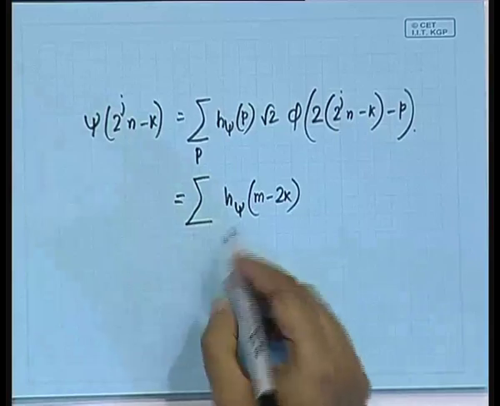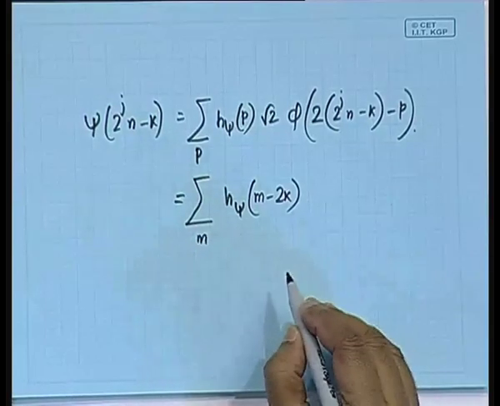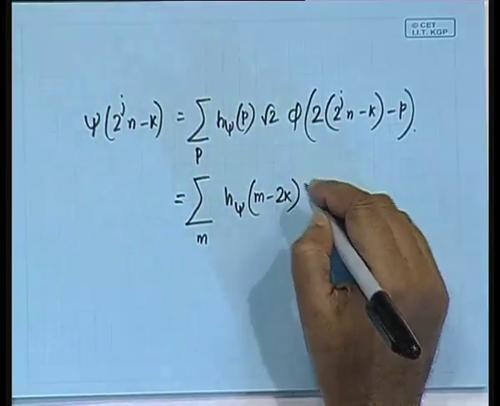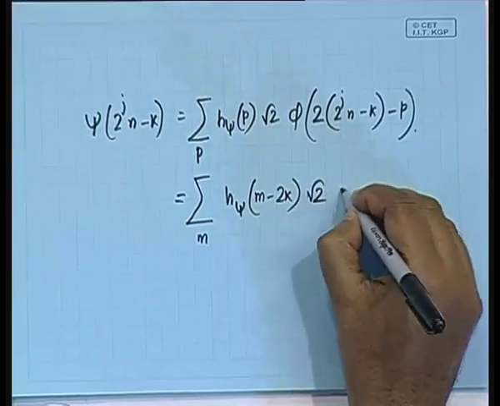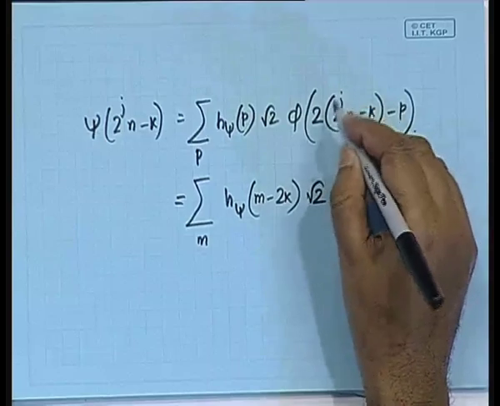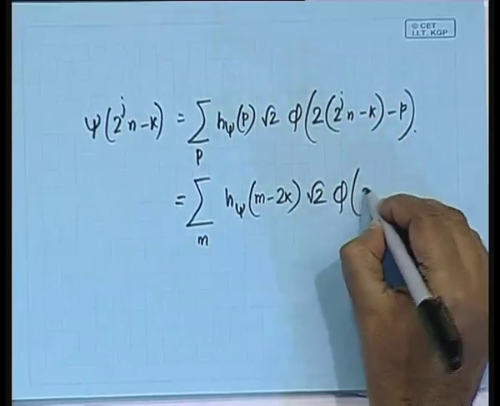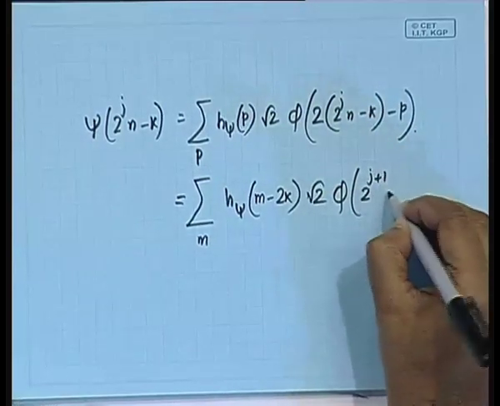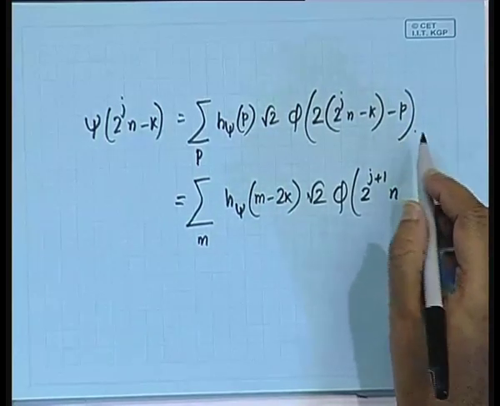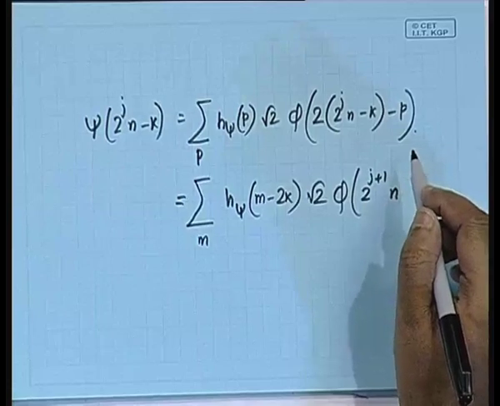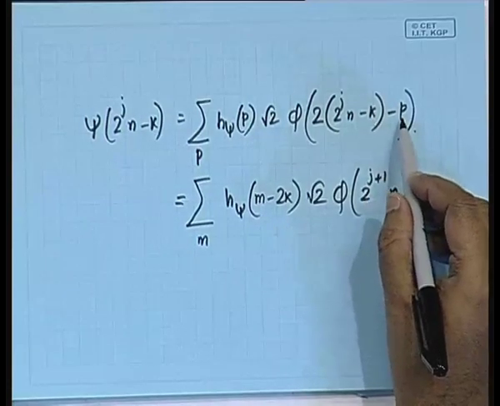I sum up now over m, and with this new substitution what results is root 2 phi of (2 to the power j plus 1 into n minus 2k minus p).